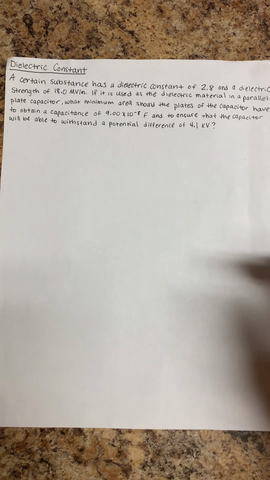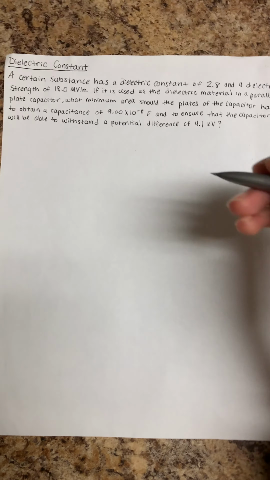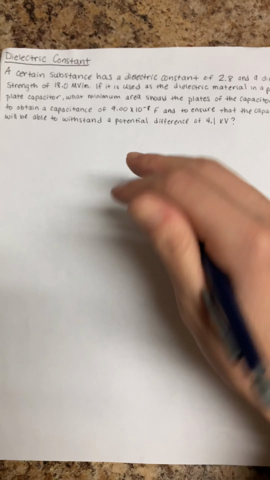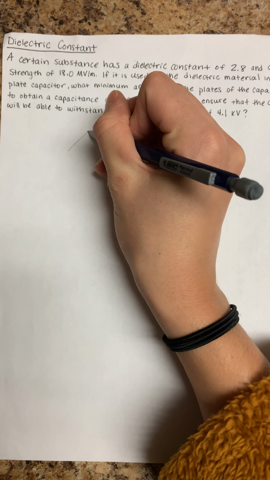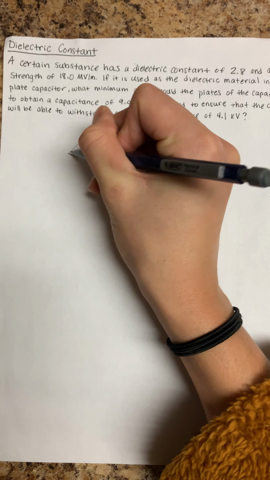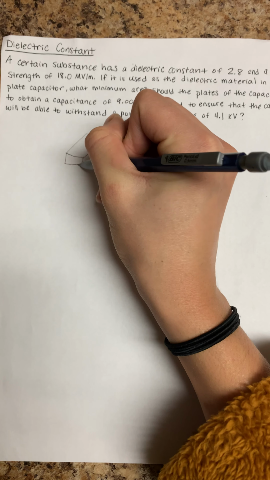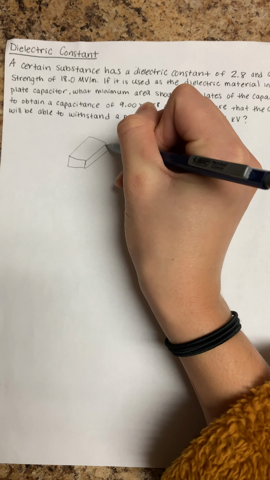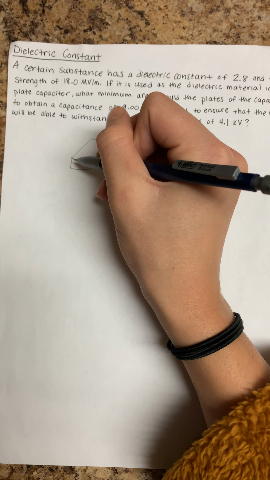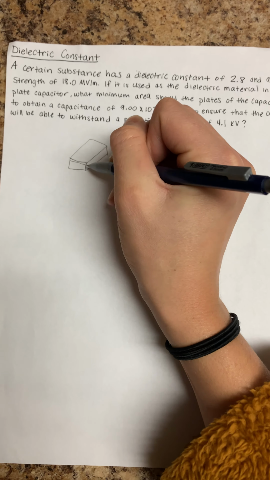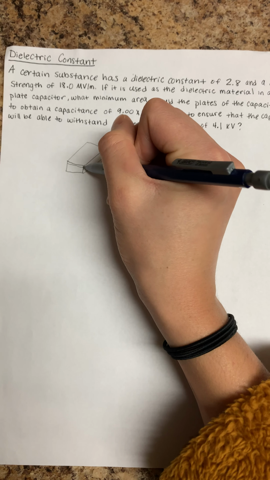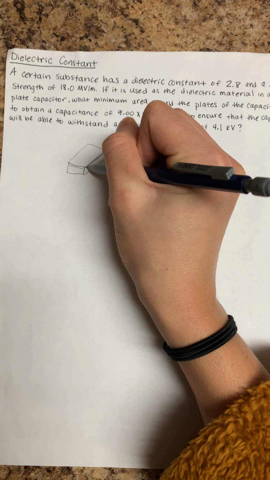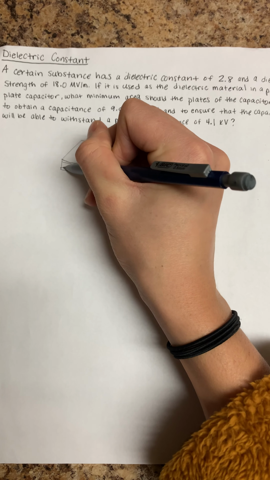So the first thing we can do with this is draw a picture of what we're trying to find. So here, it says we're trying to find the area of parallel plate capacitors.